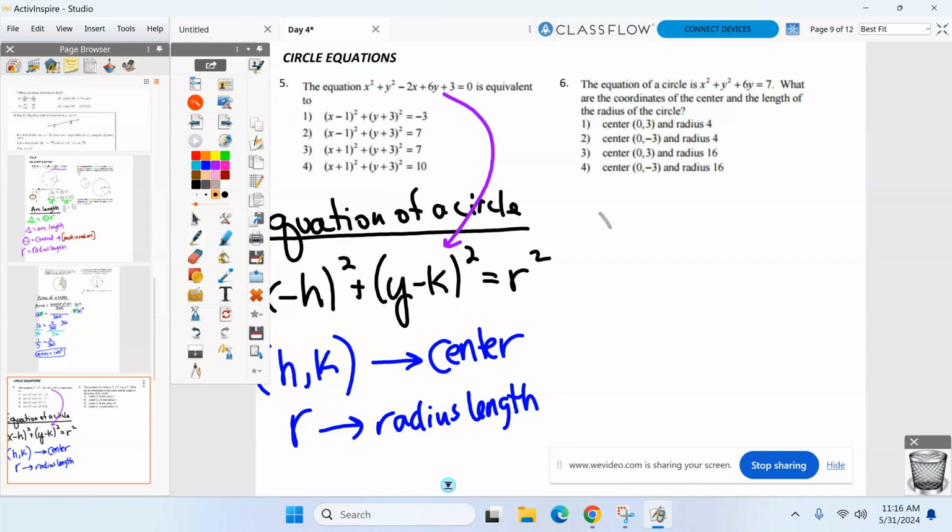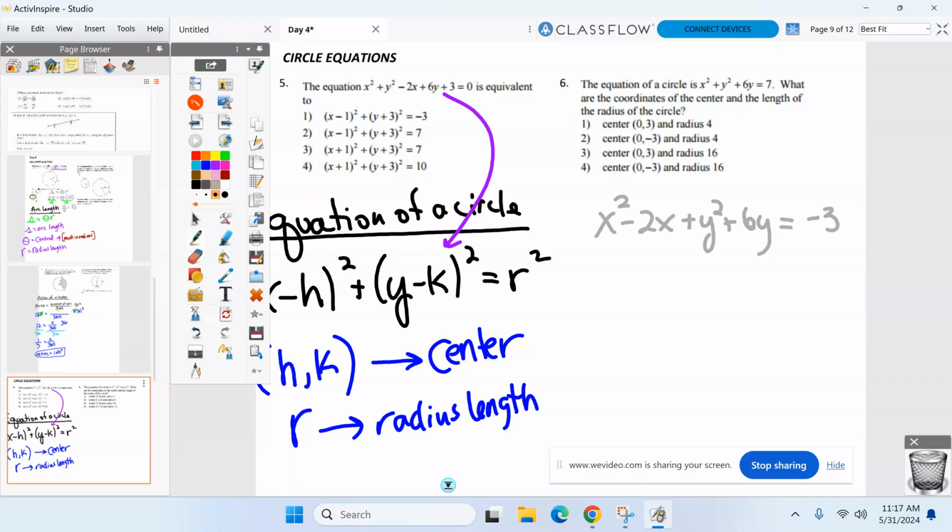X squared is going with the negative 2x. Y squared is going with the 6y. And part of this reorganization is getting that constant, the one without a variable, to the other side. I don't want it equal to 0 unless 0 is that number. So move that 3 over. Everyone should have a negative 3 over here now. So reorganize is step 1.